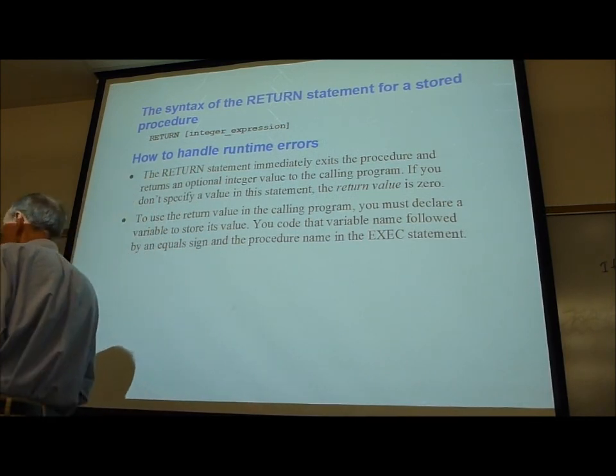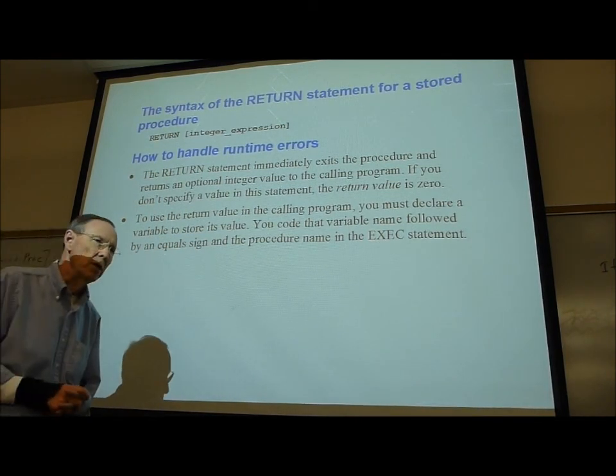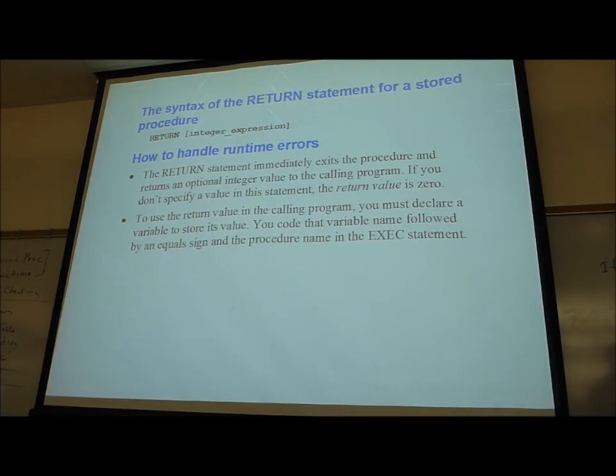But what it can do is, I can be producing a side effect, and one of the things we could do is see if I do an update, did I get any records updated, because we can check a global system variable to see if we got it updated. That's like returning a status.